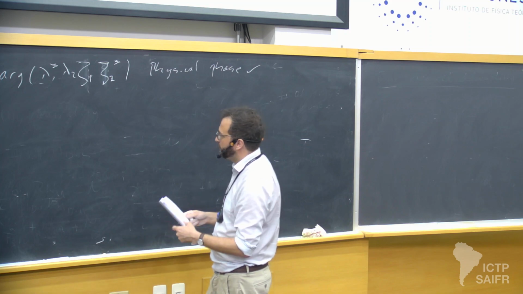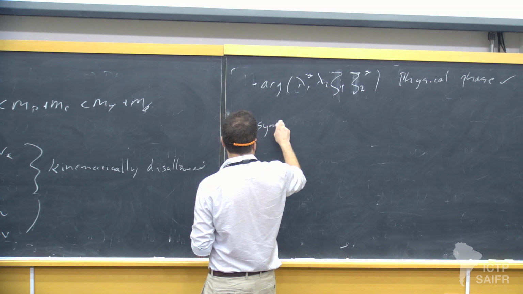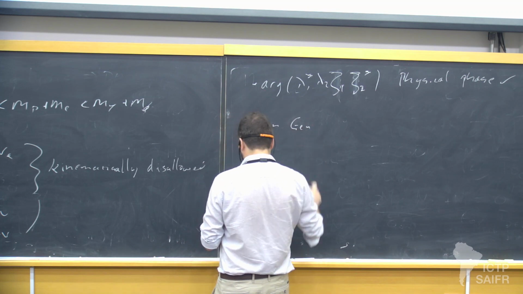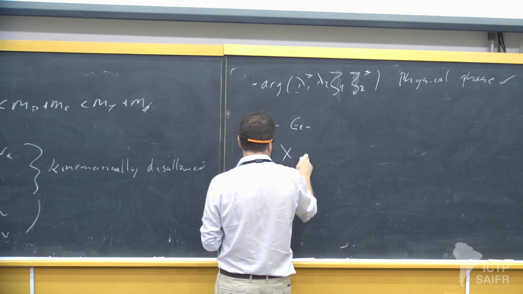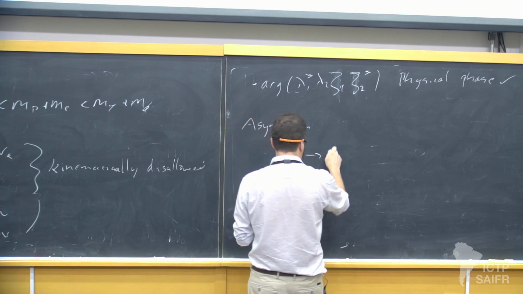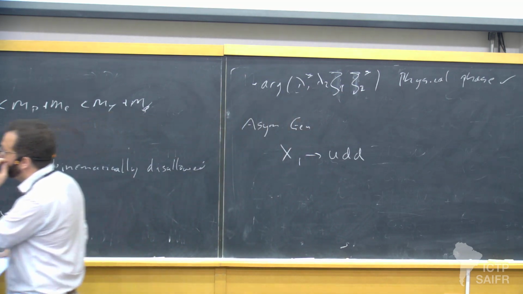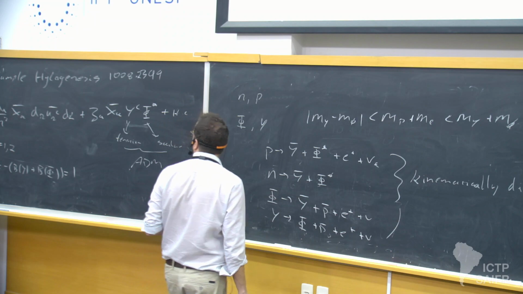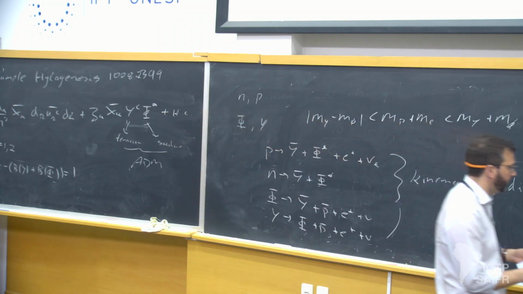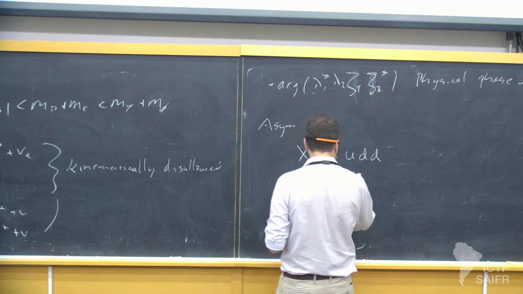Okay, now we'll turn to the asymmetry generation. So the possible decays we have. So let's see. Yeah. X bar goes to anti. Yeah. We have these decays.